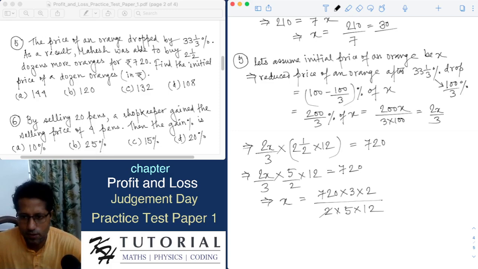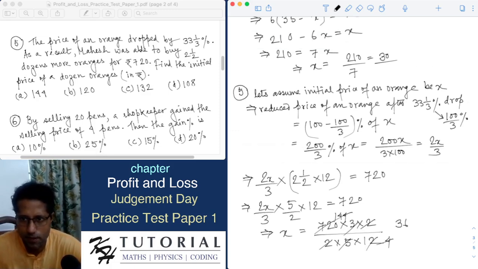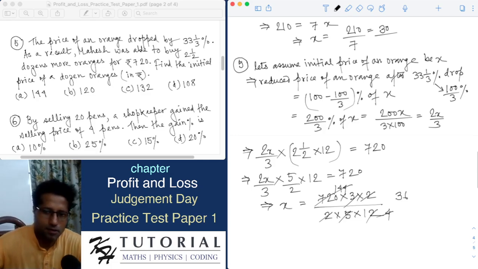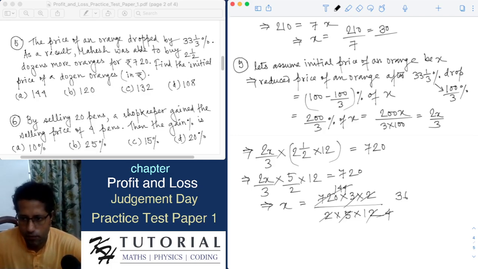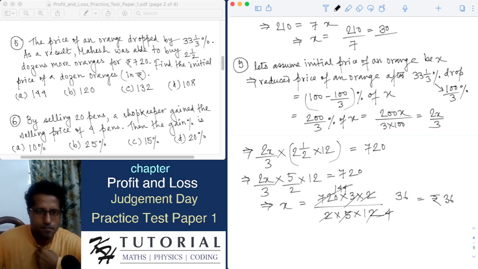So 2 cancels out, 3 divides 12 with 4, 5 divides 720 with 144, and 4 divides 144 with 36. So x is turning out to be 36, which is the initial price of one orange, that is rupees 36.